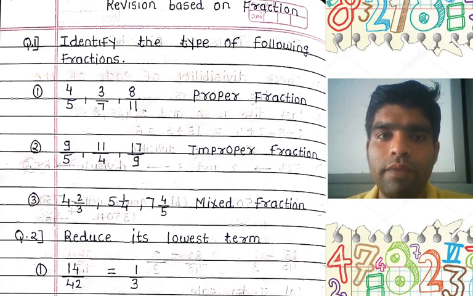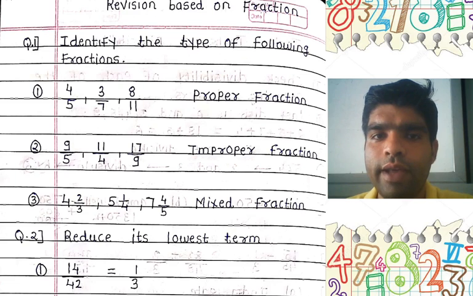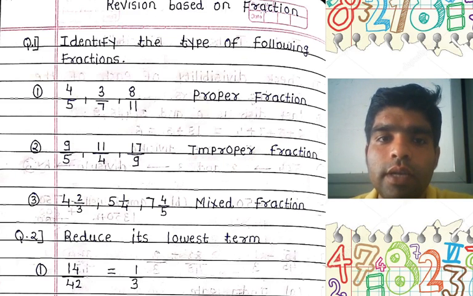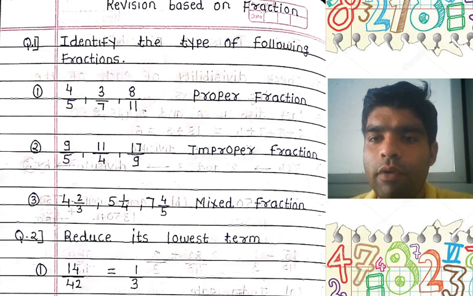Now we start with the first question. Identify the type of the following fractions. Just see, three examples are given to you. For the first example: 4 upon 5, 3 upon 7 and 8 upon 11. Now see, the numerator is always less than the denominator.